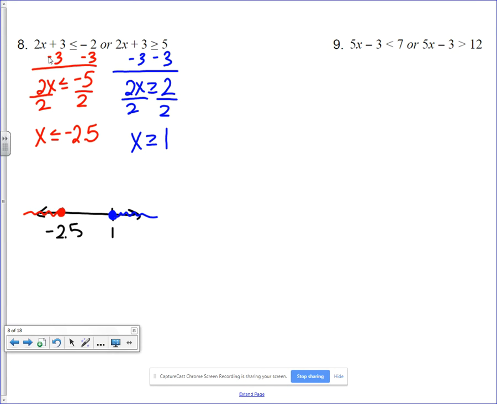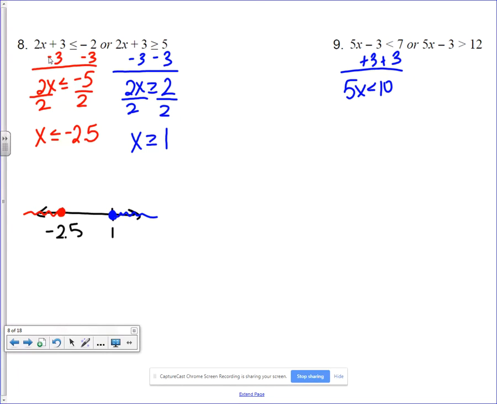Which leaves me with my last problem. Who would... No, you just did the last one. Somebody else. You want to try it? Okay, how do I isolate the x? So now I have 5x is less than 10. Let's finish this one.